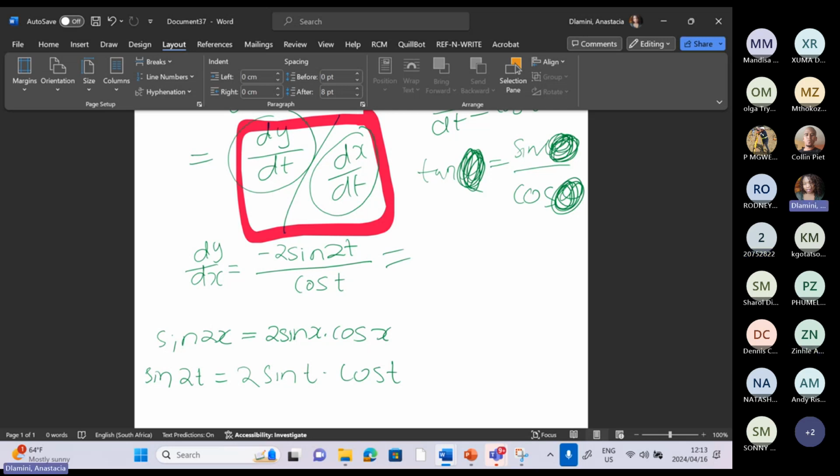So double angles are what you have learned when you were looking at trigonometry in grade 10, 11, and 12. Double angles are in grade 12. But you remember when you're looking at trigonometry, right? Yes. You had things called identities. So it's a rule, basically.